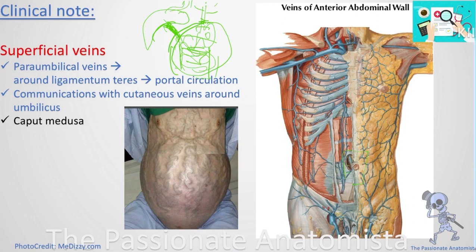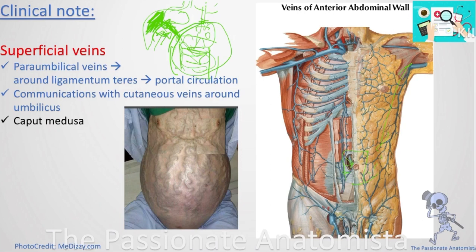In the para-umbilical veins, some of them are going to drain by veins around the ligamentum teres here, and they will drain into the liver, and some of them are going to drain superficially into the superficial circulation. If there is a liver disease, if there is a blockage to the blood from draining, like liver cirrhosis, there will be portal hypertension. This idea is explained extensively in the coming videos.